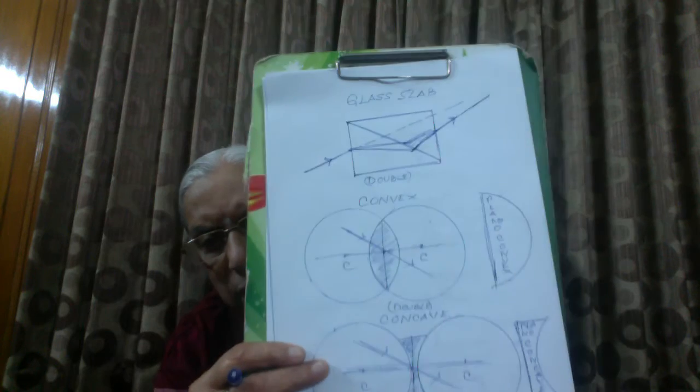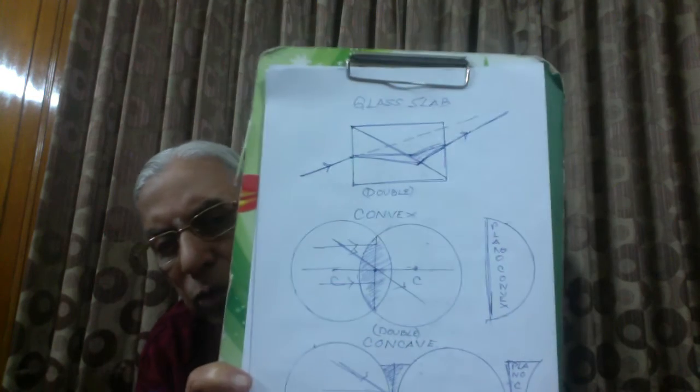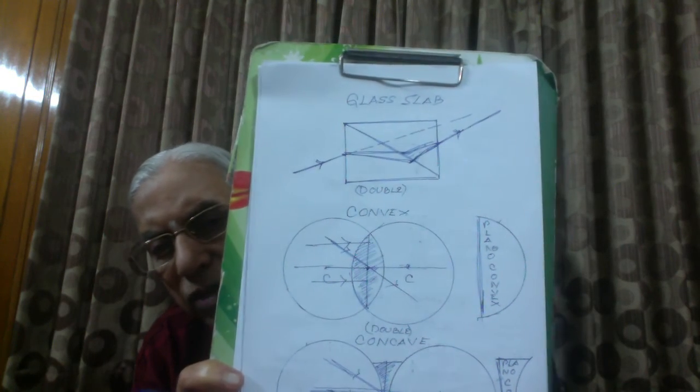Then I have to think of the other definition, that is what you call which one? Principal focus. I think you know what is a principal focus. Suppose I take a convex lens. First one, I take a convex lens. I pass rays of light traveling parallel to the principal axis. You see that one? Please understand.